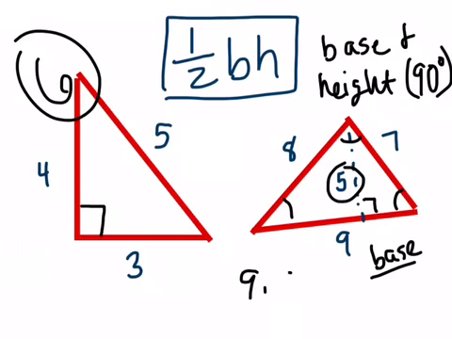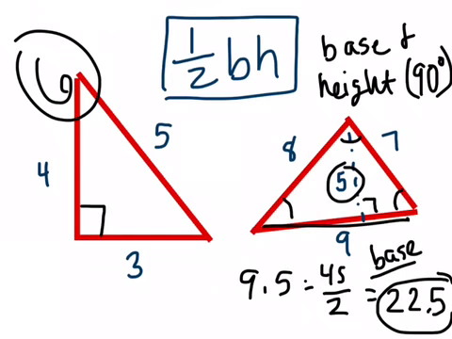So to find the area would be 9 times 5, which is 45, and then half of that, which is 22.5. So the area here, we're using a line that's not actually a side of the triangle, but it's perpendicular to the base, and it goes from the base to the top of the triangle. In this example over here, we could call this the base. This is perpendicular and it goes to the top of the triangle. So we're always looking for the base and height, and it needs to be perpendicular.